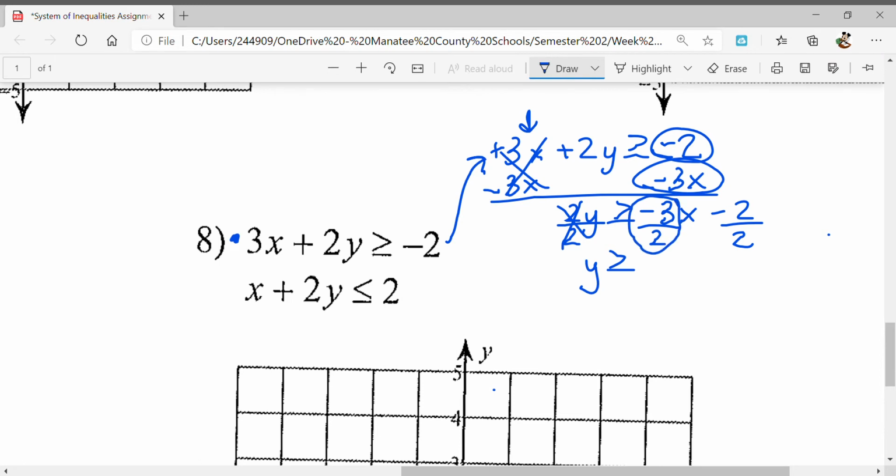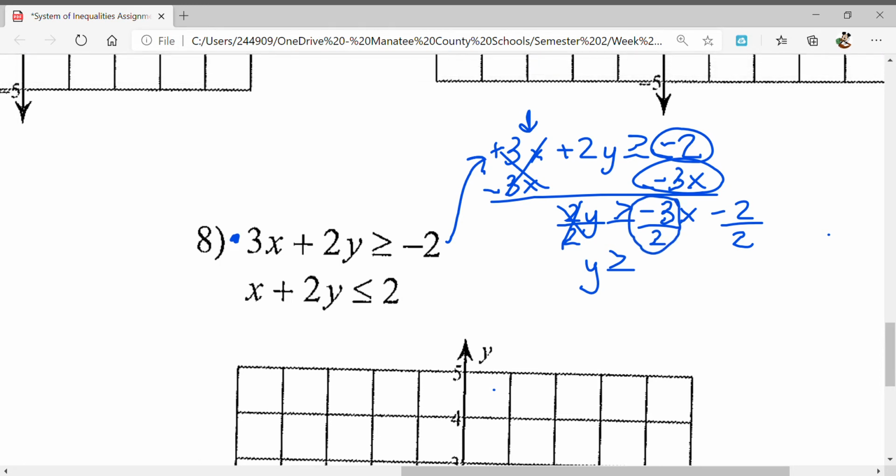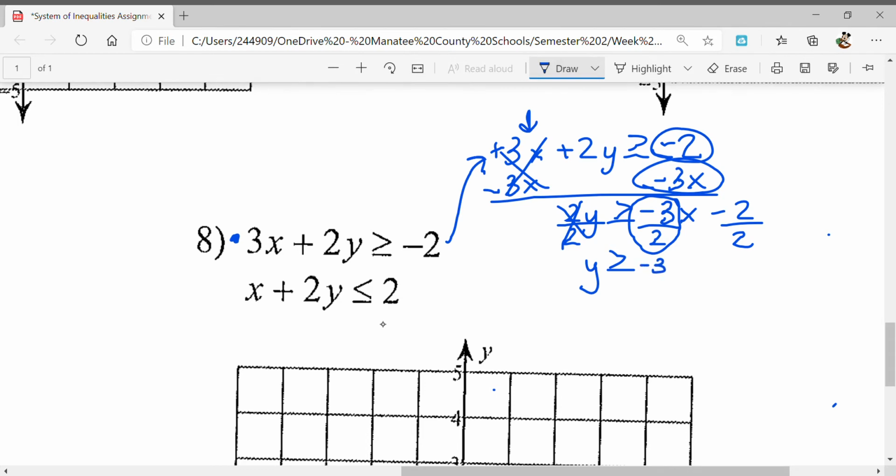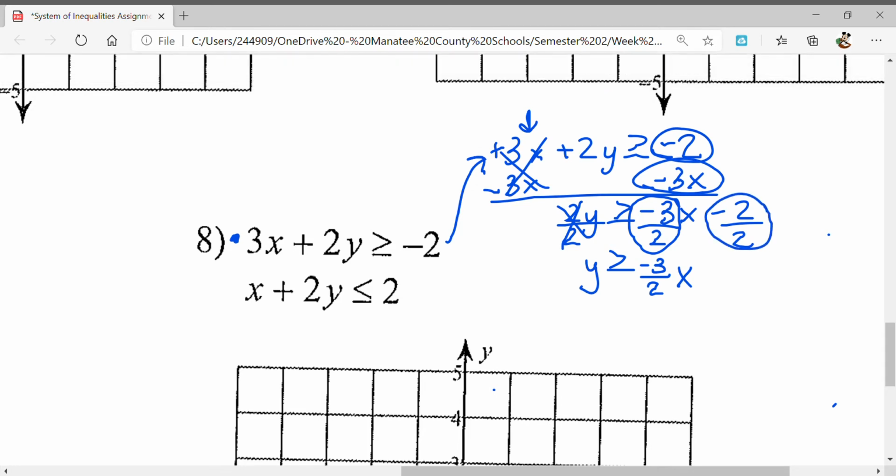This -3 divided by a +2, I cannot simplify anymore, so I'm just going to keep it the same, -3/2, bring down the x. And then this -2 divided by a +2, yes, we can simplify that. Negative divided by a positive is negative. 2 divided by 2 is 1. So here is this one here. y is greater than or equal to -3/2 x minus 1.